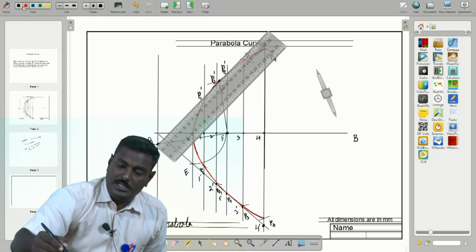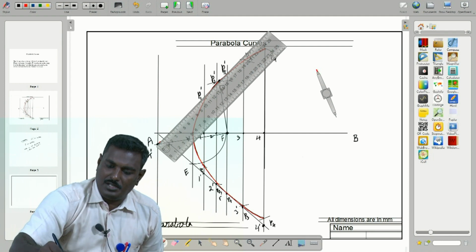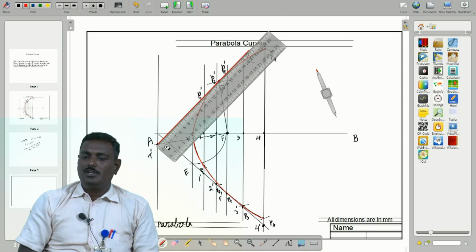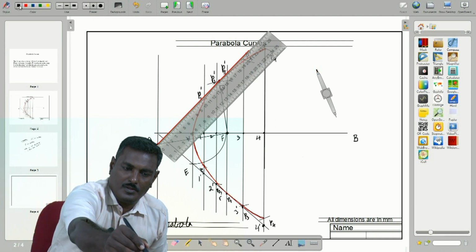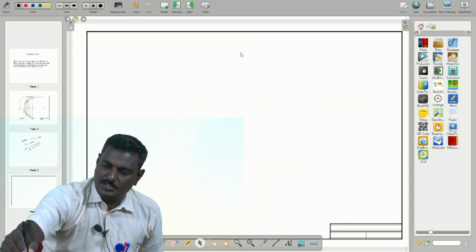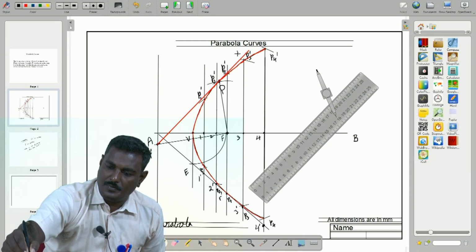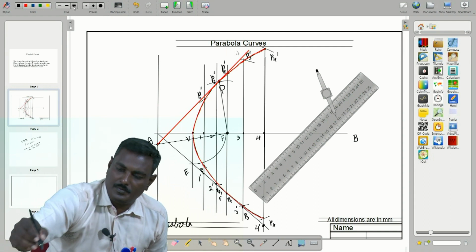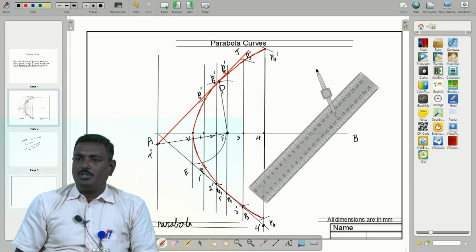I use the H pencil to trace the tangent, from that point T. This is T dash, the tangent. What about the normal?